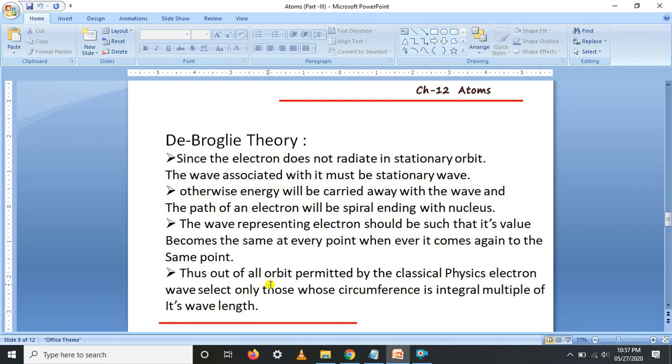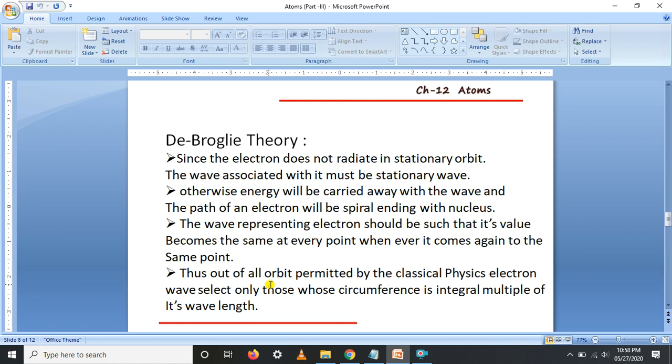In that fixed orbit the electron is revolving, and it stays only in a stationary orbit without the emission of radiant energy.